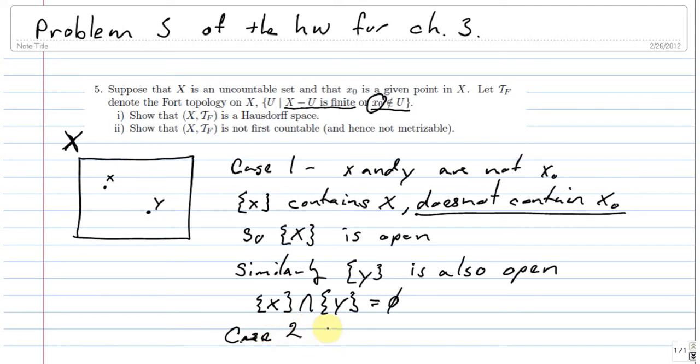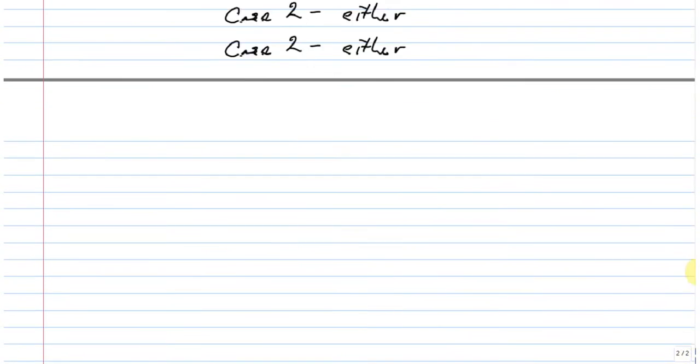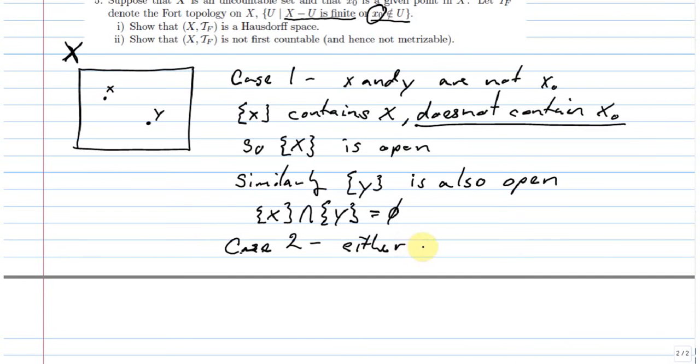Now, the other case you have to do is case 2, where either x or y is x naught. In other words, you choose 2 points, one of them is x naught. Well, again, it's not particularly hard to do.